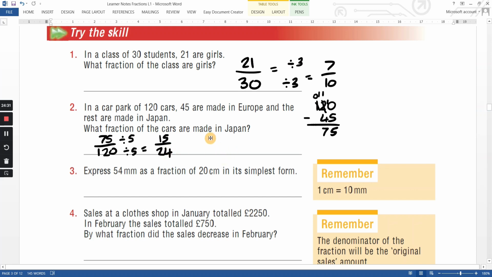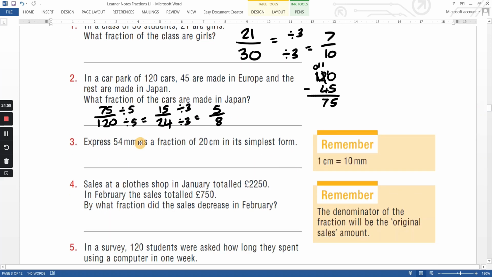Yeah, and I can simplify even more with 3. So I get 5 at the top, 8 at the bottom. Yep, it should be 5/8. I could have divided by 15 to begin with, I just realised now. But if you get 75 over 120 or 5/8 as your answer, that's perfectly fine.